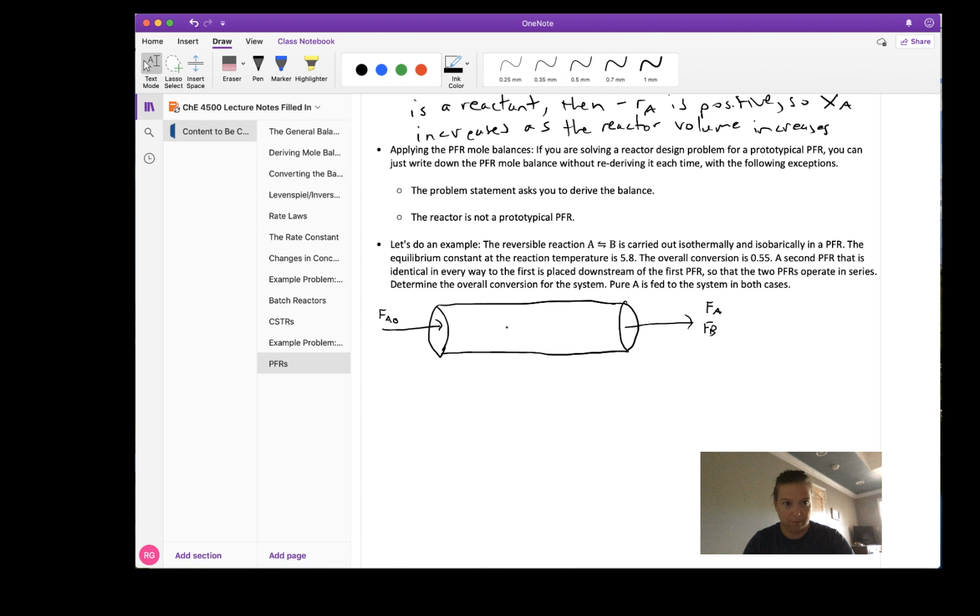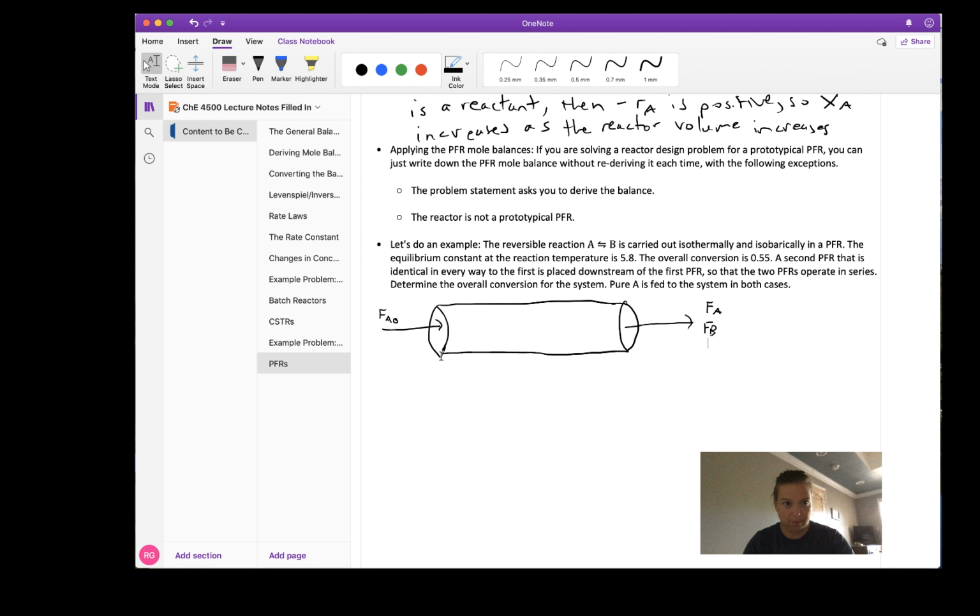So we have continuous variation down the length of the reactor, but at any point along the reactor, we have perfect mixing in the radial dimension. As we go down the length, the concentration of reactants is getting smaller, the concentration of the products is getting larger, and also the conversion is getting larger.